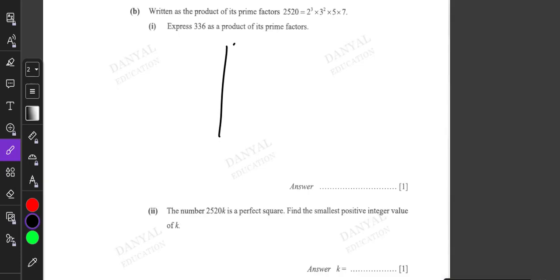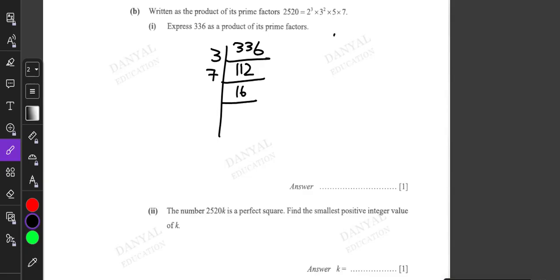Okay, 336 divided by 3, right? It can be 1, it can be 3, which will be 112. Okay, and 112 you can divide by 7, which will be 16.